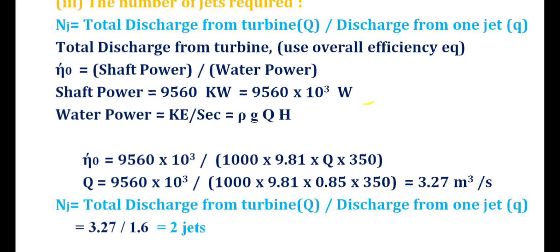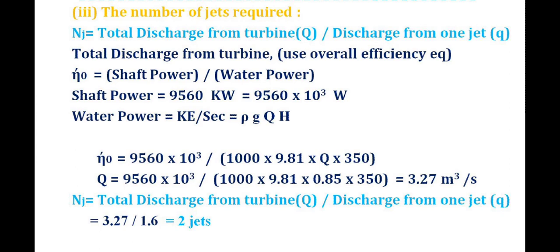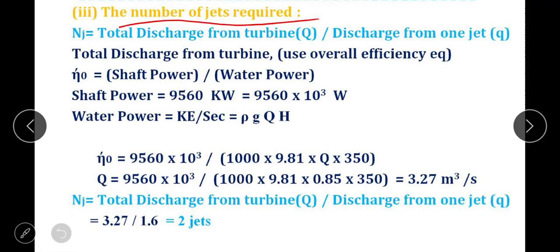Therefore, the number of jets required, Nj, is equal to total discharge, capital Q, divided by small q. Total discharge from the turbine, use overall efficiency equation, shaft power divided by water power.